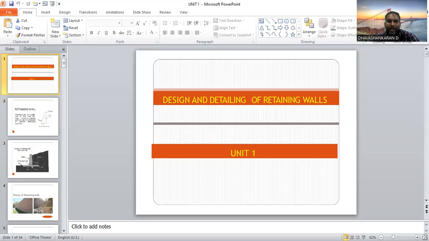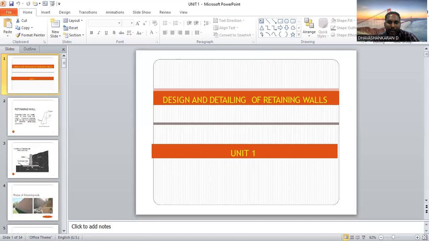So P is maximum at the side of the toe slab, and pressure is minimum at the side of the backfill. The centroid is found by using the formula: it's a triangle, so the centroid is h divided by 3, that is, the entire height divided by 3 is the maximum pressure point.